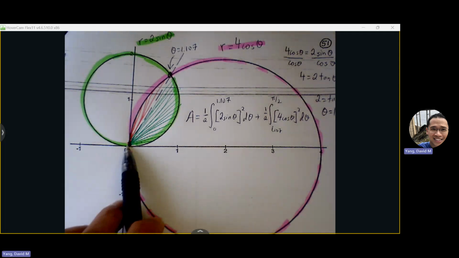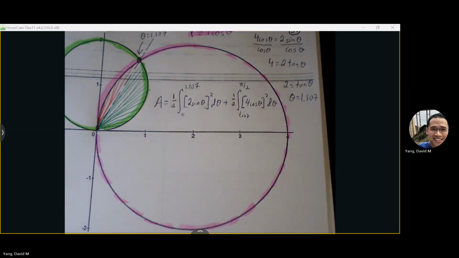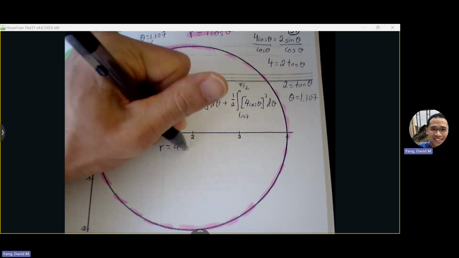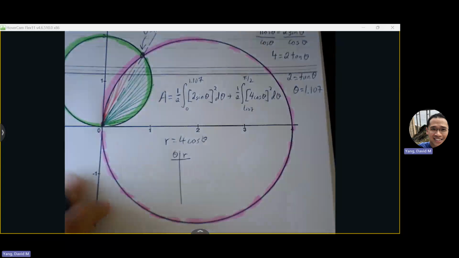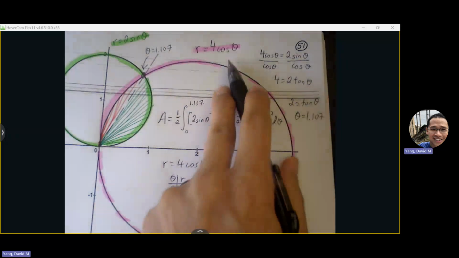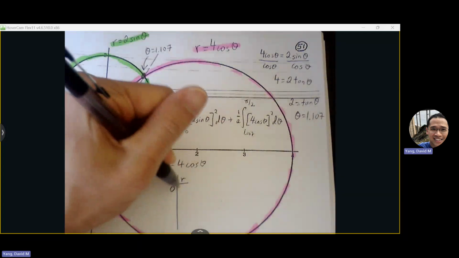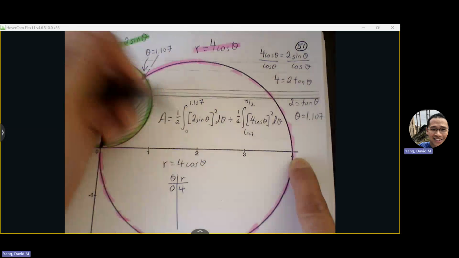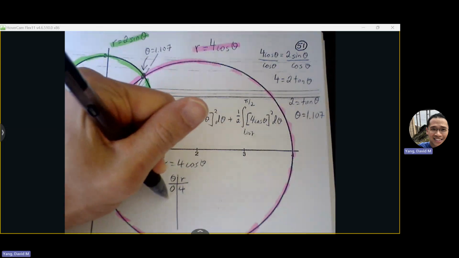Over here, because this graph in red, this r equals 4 cosine theta. Let me just show a couple of ordered pairs here. So at theta 0, it's going to be 4 cosine of 0, which is 1. 1 times 4 is 4. So this graph starts off here.